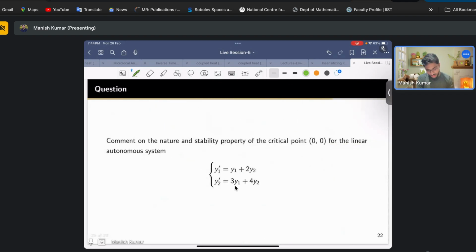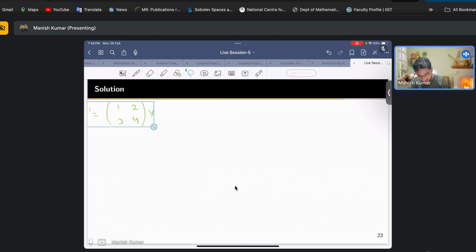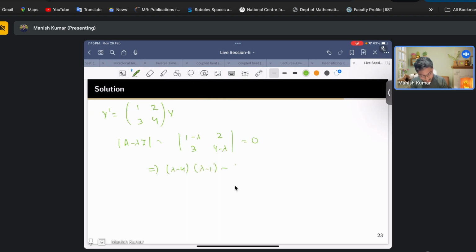Now let us try to look at this example. Okay, so again here you see this y prime is equal to [[1, 2],[3, 4]] y. So we just need to look at the eigenvalues. What are the eigenvalues? Let us see. A minus lambda I, if I do (1 minus lambda)(4 minus lambda) minus 6 equal to 0.